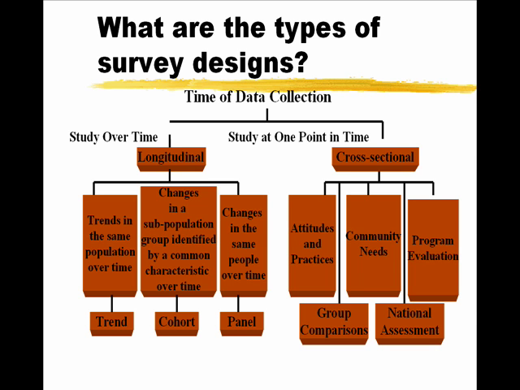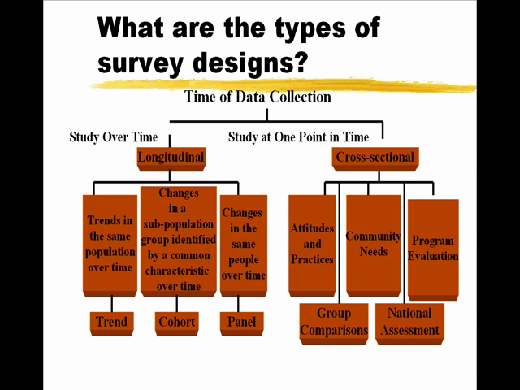Again, data collection is the actual, when we go out and do the survey, and we'll talk about next week, in experimental design where you're actually doing the study. So there's two different main types of survey designs. There's one that's called longitudinal, and there's another one which is called cross-sectional.